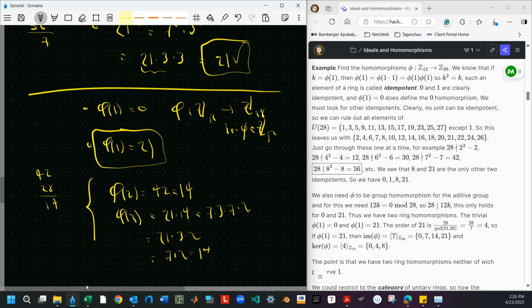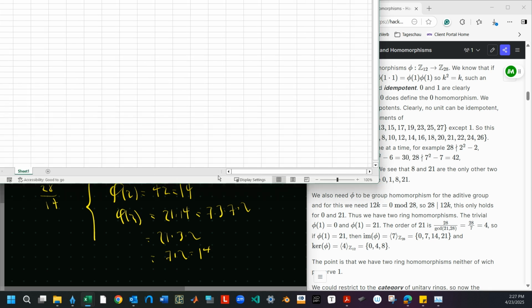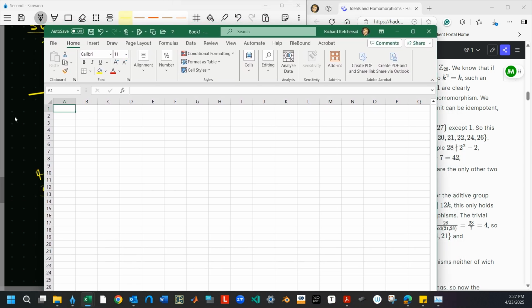Actually, let's just do this. This is kind of fun. Let me just do this a silly way. Here, all right, so here's a little spreadsheet. Why not? Ancient technology at this point. So what do I want to do?